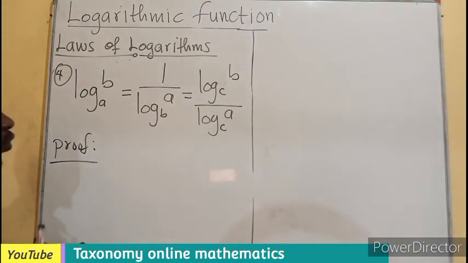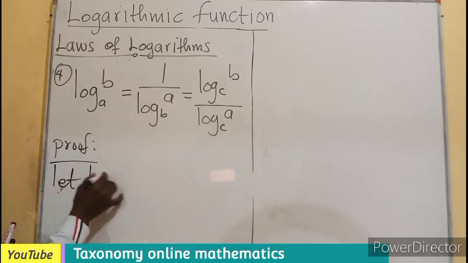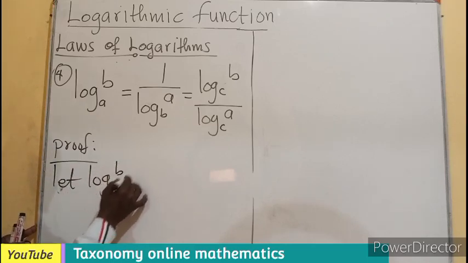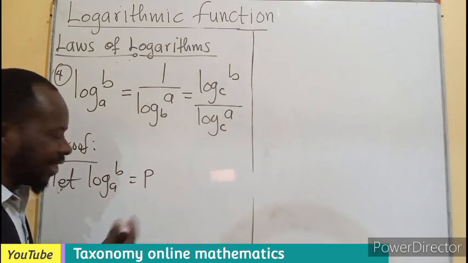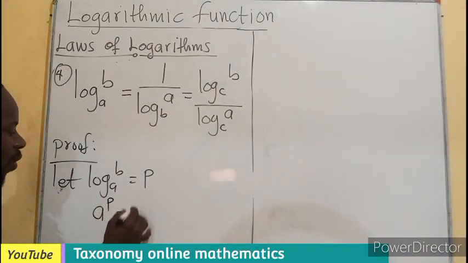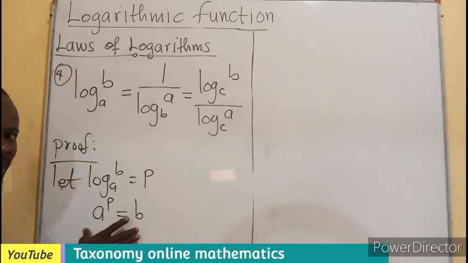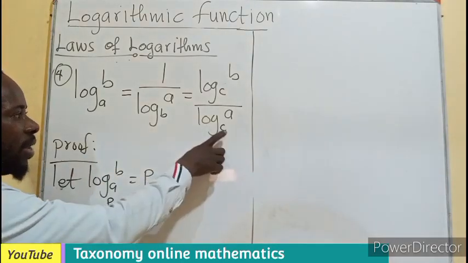So we are going to begin with this side. Let's say we let our log of b base a equal p, any variable at all. If that is the case, we can convert into indices, meaning a exponent p equals b. Now let's go back into logarithm with a different base, say base c.